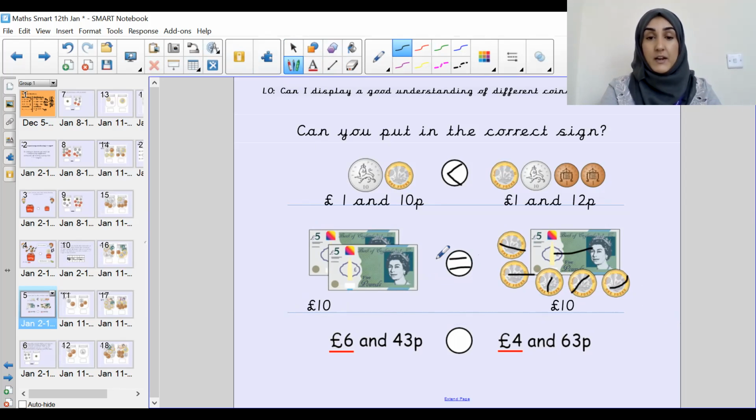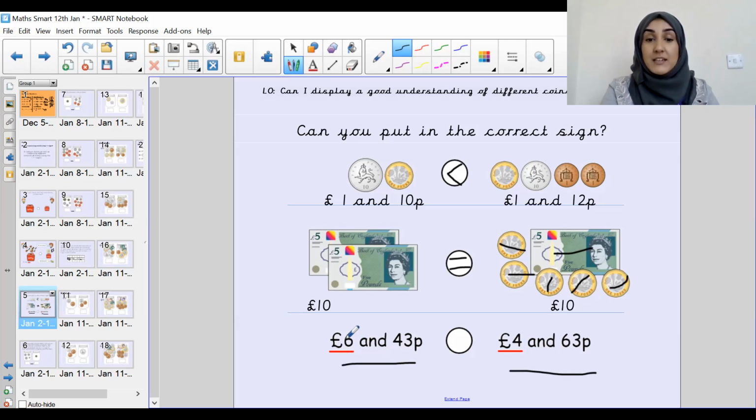Okay. And underneath, I don't need to count it because it's written in words. I've got £6.43. Now on this side, it's £4.63. So have a think, which side has the greater value?